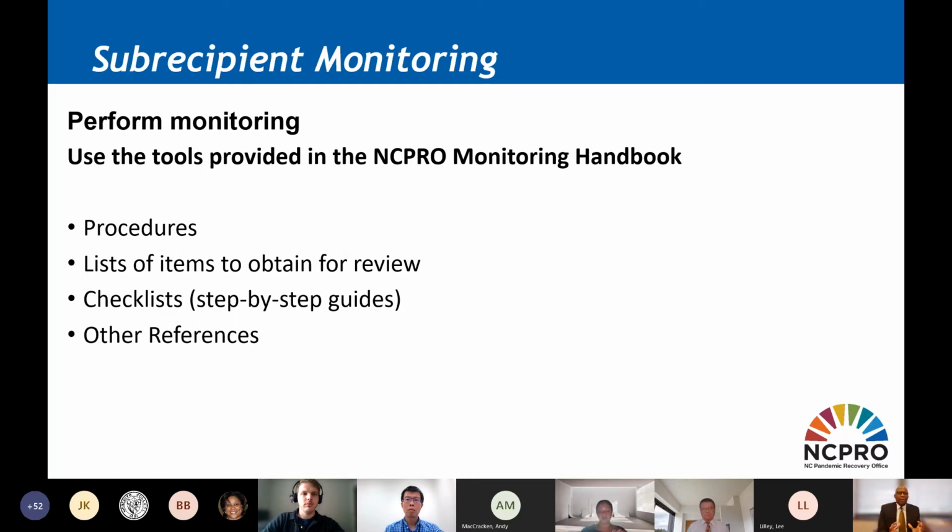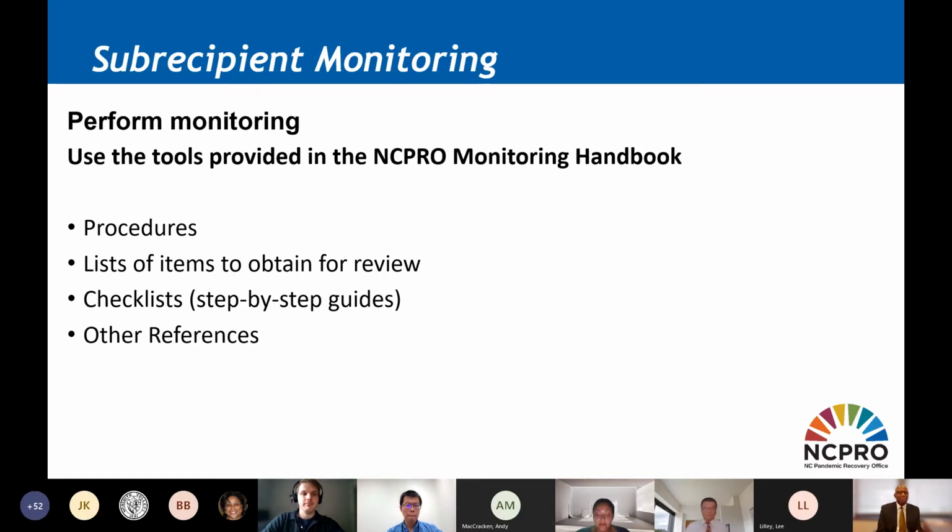Okay, so we've made the determination as to the risk level, what our monitoring plan is, depending on the risk level, and now we want to get into the actual monitoring. And this is where your handbook comes into play.